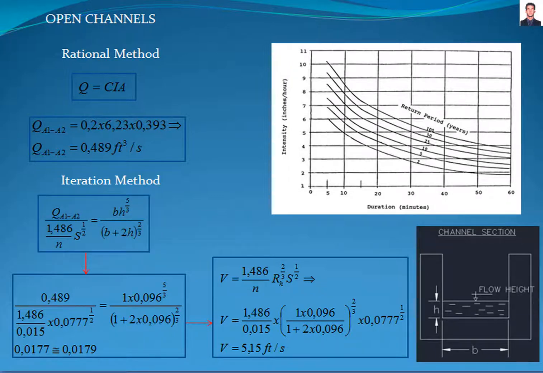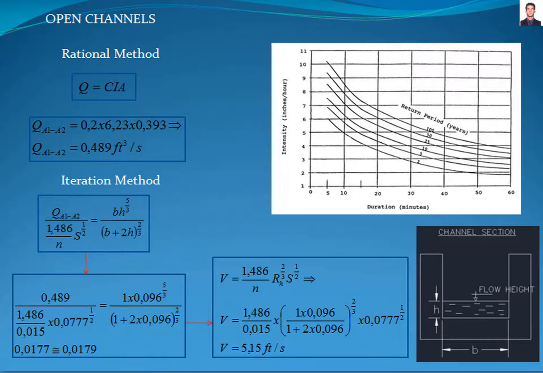The process is based on fixing the width of the channel and iterating with the height of the flow until both sides of the equation have the same value or are approximated. It's important to mention that the design is controlled by two factors, sedimentation and erosion.